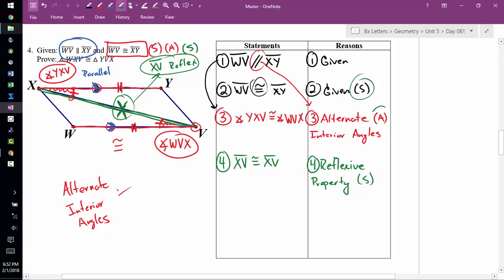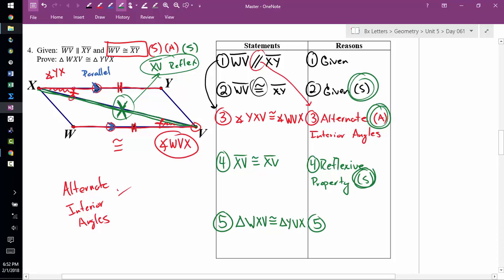And I can see I have side, angle, side, and now I'm ready to write my final statement, namely that triangle WXV must be congruent to triangle YVX. I'm just copying that over. I'm looking over there. And I can see that's a side angle side. So SAS. Give it some sass.